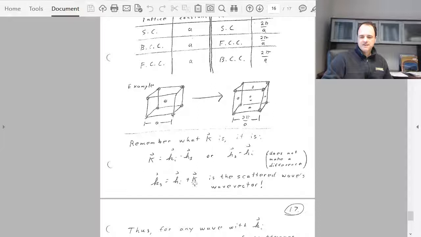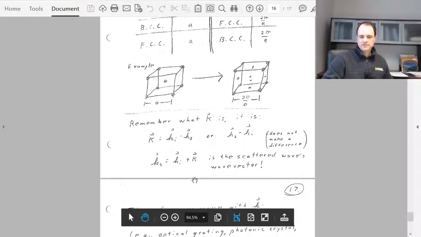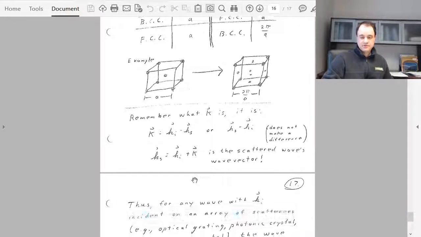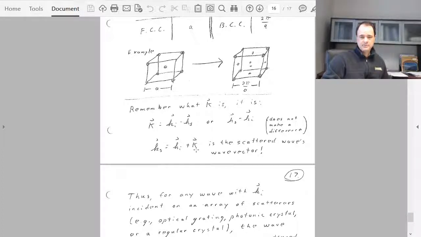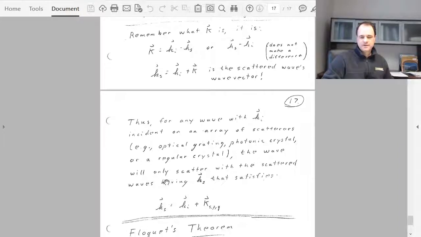And this analysis tells us that it must be K sub I plus one of these capital K values, one of these reciprocal space translation vectors, capital Ks. All right, so this will end up giving us the scattered wave value, the incoming plus capital K.